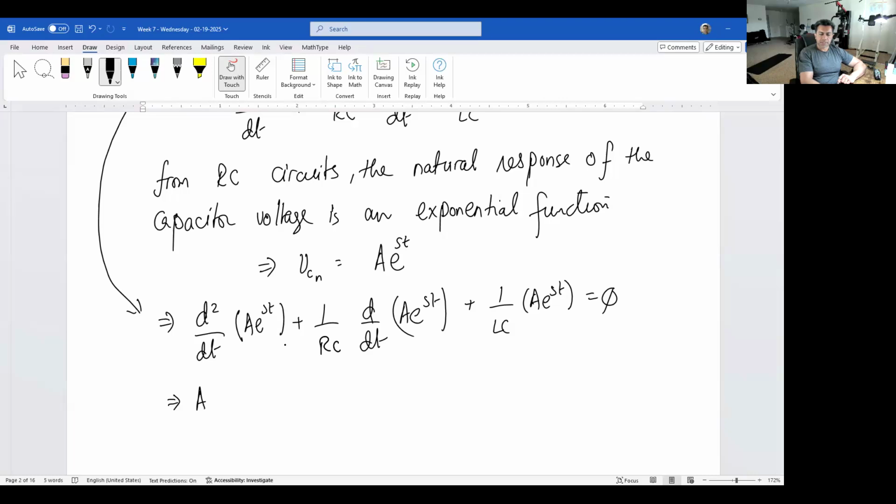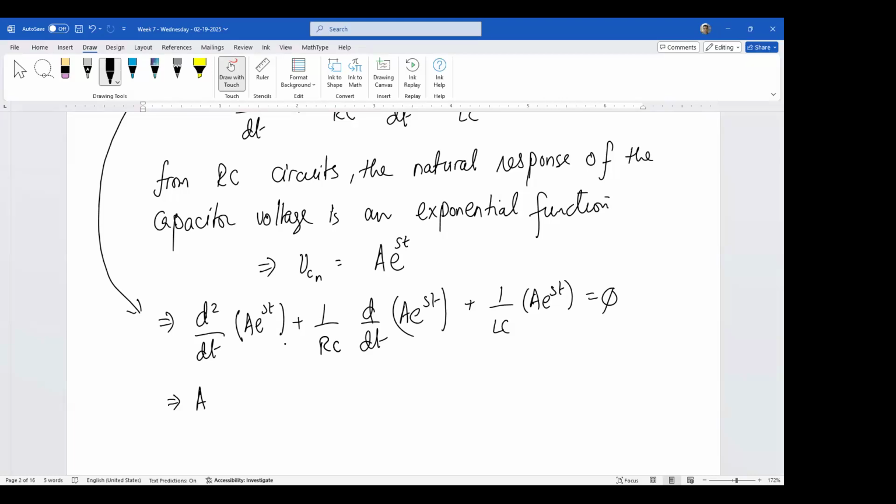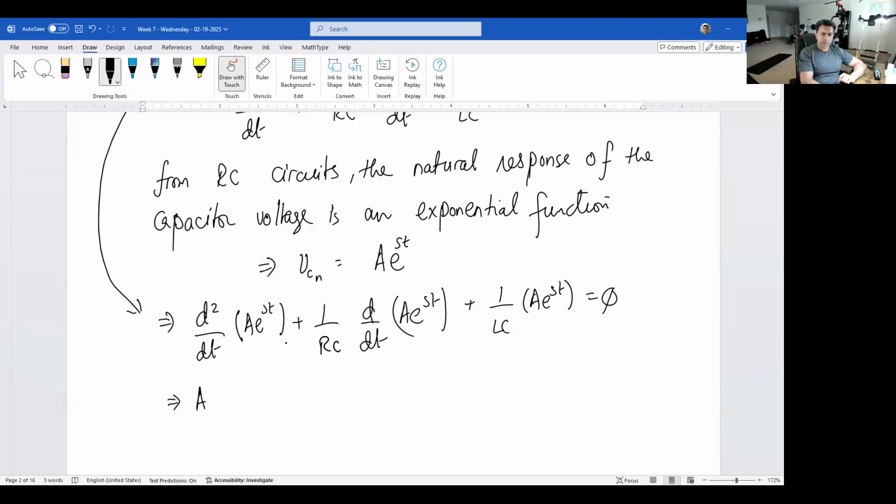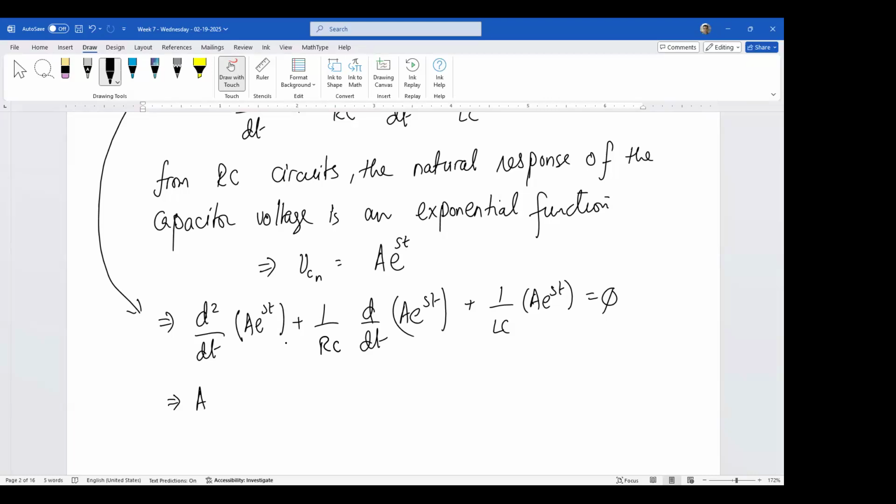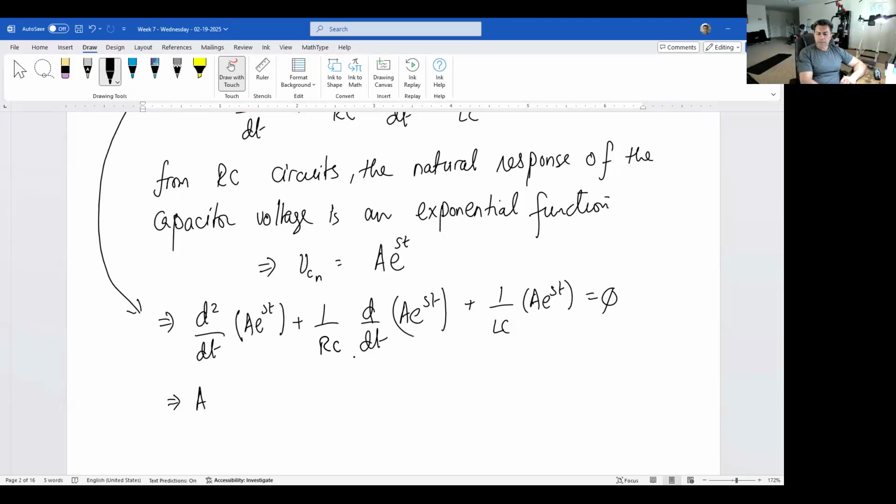No. Gloriana, you were saying something earlier. I was saying, if it's a derivative, it should be e to the st, and plus the constant. Yeah. Anyone else? You guys should know what is the derivative of e to the power st with respect to t.